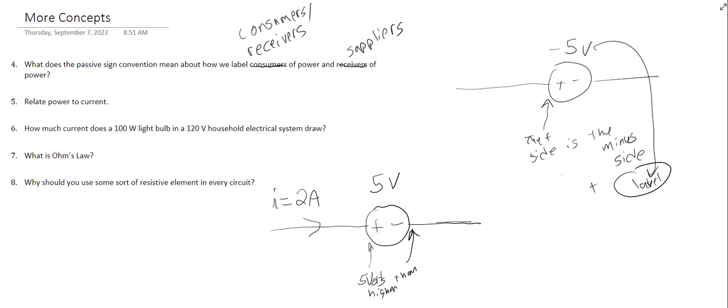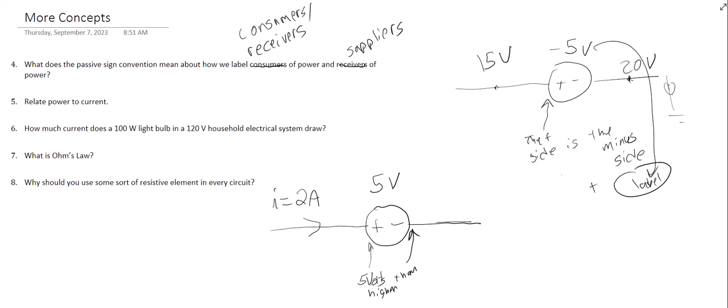So the plus side is minus 5 more than the minus side, but minus 5 more really means subtract 5. So if I had some reference somewhere, and I said this side was at 20 volts, then this side would be at 15 volts.